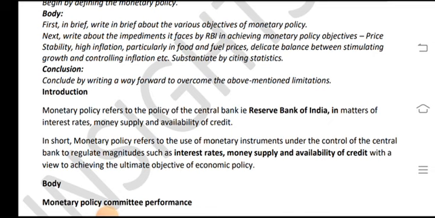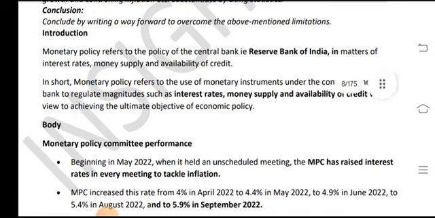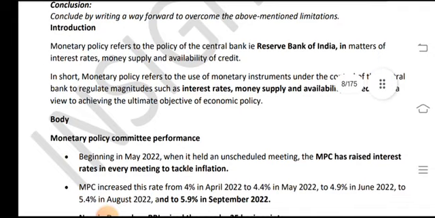Next, write about the impediments faced by the RBI in achieving monetary policy objectives: price stability and high inflation, particularly in food and fuel prices, and the delicate balance between stimulating growth and controlling inflation, along with sustainability and statistics. Conclude by writing a way forward to overcome the above-mentioned limitations.